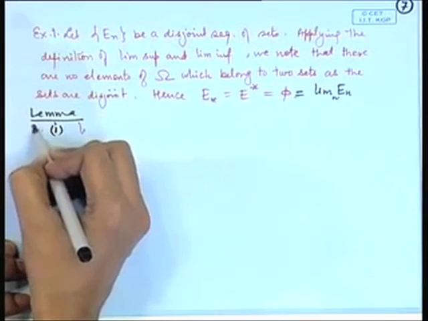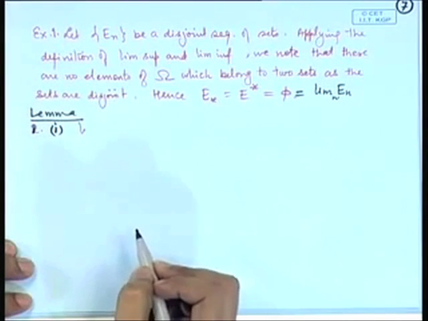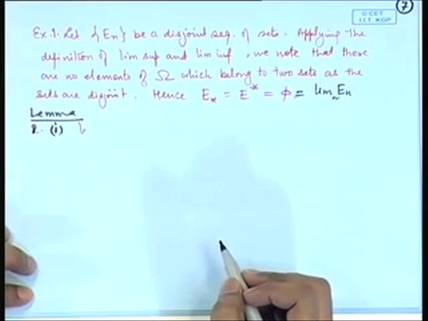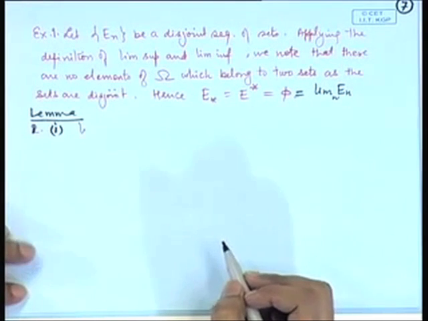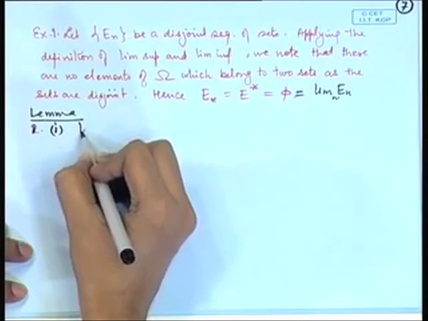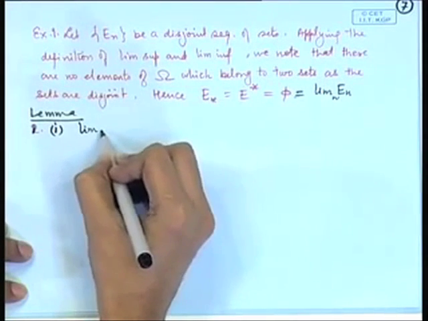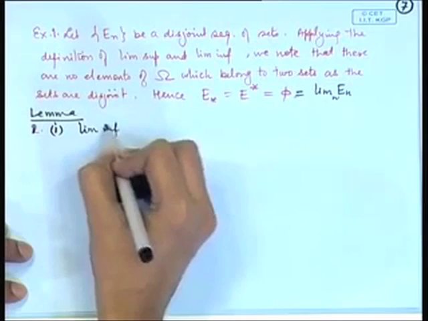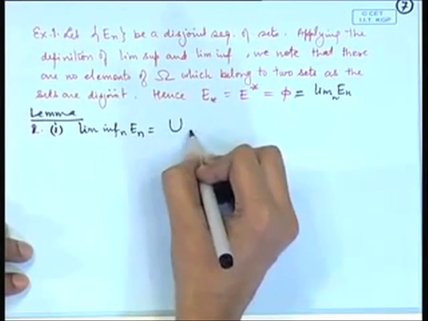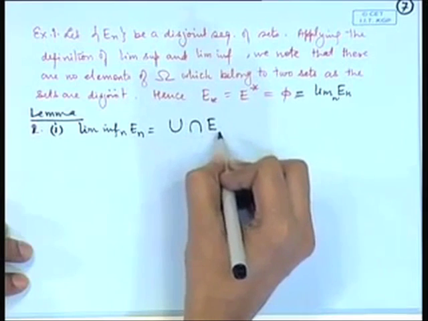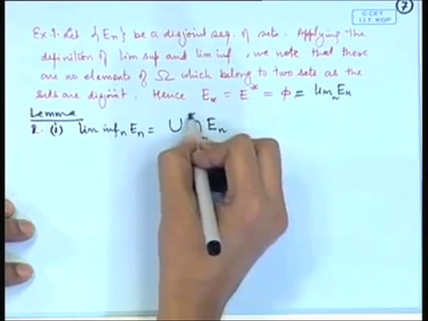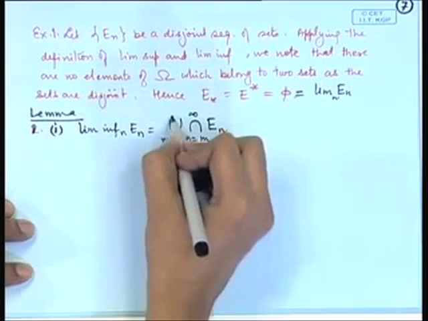In order to derive the limit inferior and limit superior using mathematical arguments, one may look for alternative representations for these sets. For example, limit inferior can be written as union intersection En, n is equal to m to infinity and m is equal to 1 to infinity.